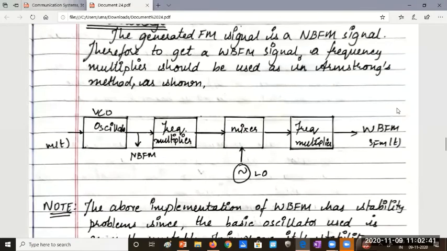Hartley oscillator usually generates narrow band. In order to generate wide band, we should multiply the frequency generated with some constant value using frequency multipliers.